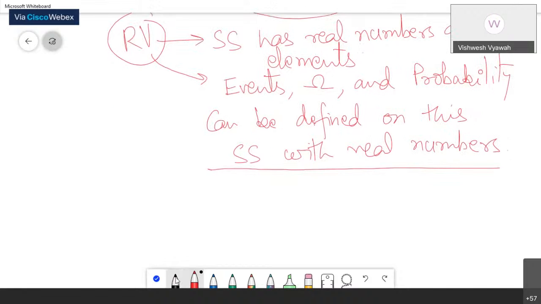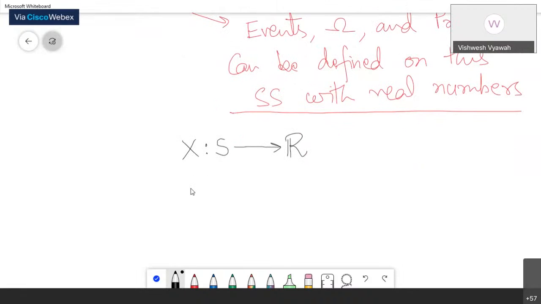It's a function, so let's go ahead with the formal definition. X is a function that goes from S to R, the complete set of real numbers. If there is an outcome small s belonging to the sample space, then X of s, X acting on s. X is a function, remember, it's a mapping. It takes this outcome from a space to a real number.